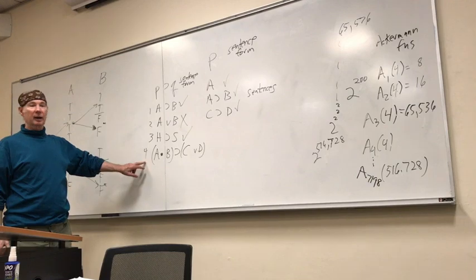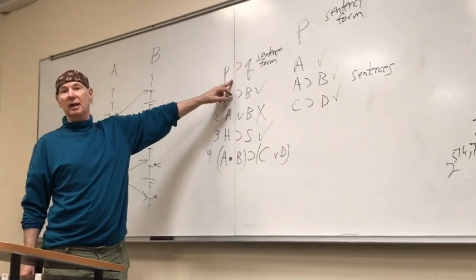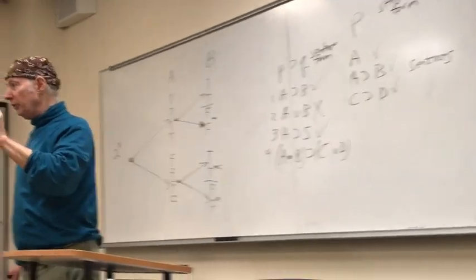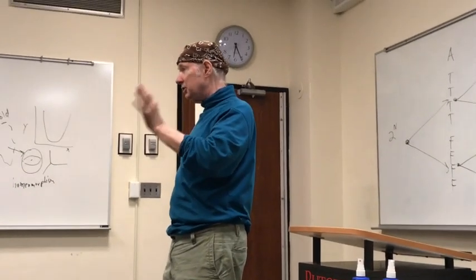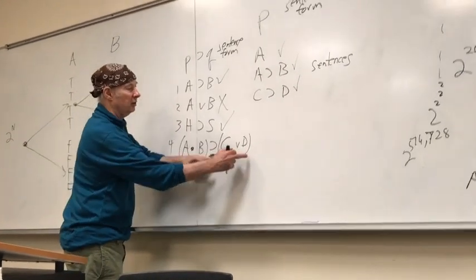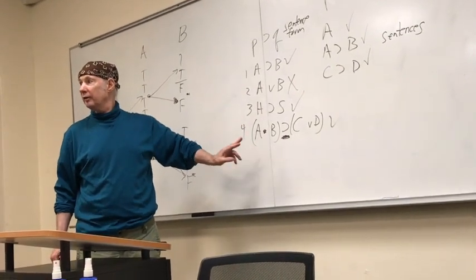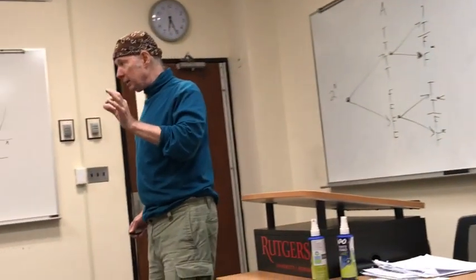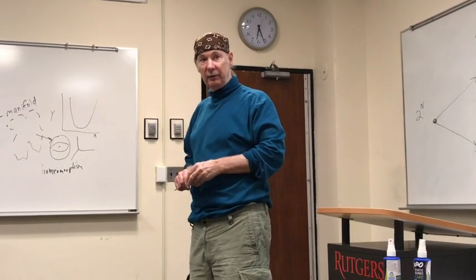Sentence number 4, is it a substitution instance of that form? Yes, it is. And here is why. The form just has one truth function, the horseshoe, that connects the left and right hand side. So that's the shape. A sentence can have more truth functions than a form and still be the same shape as that form, and still be a substitution instance of that form.